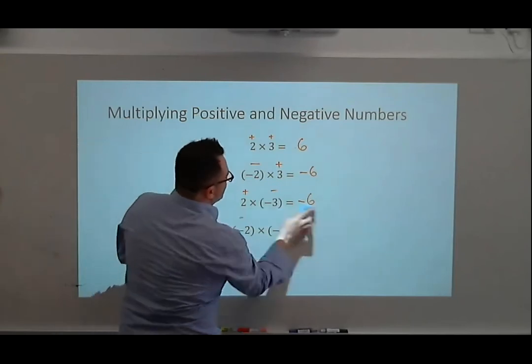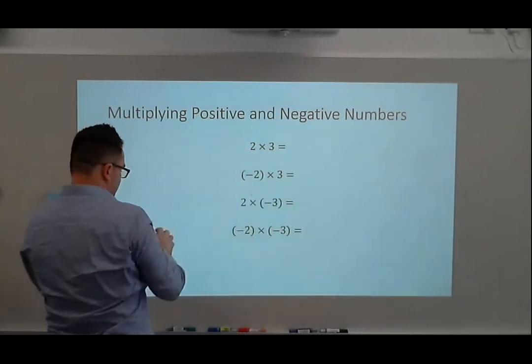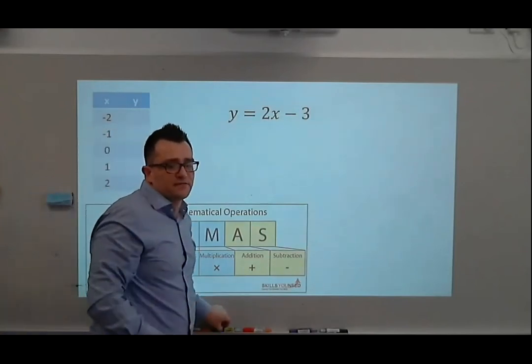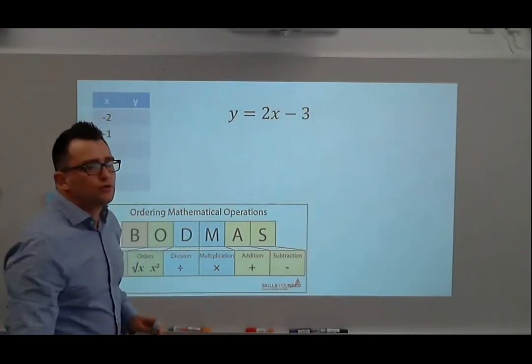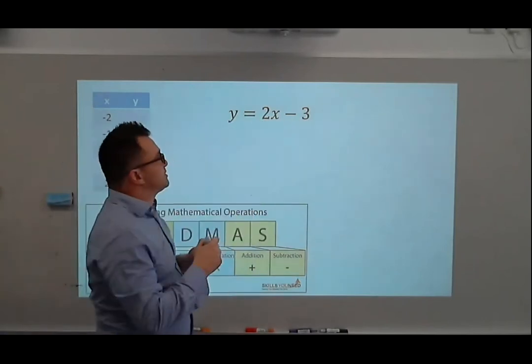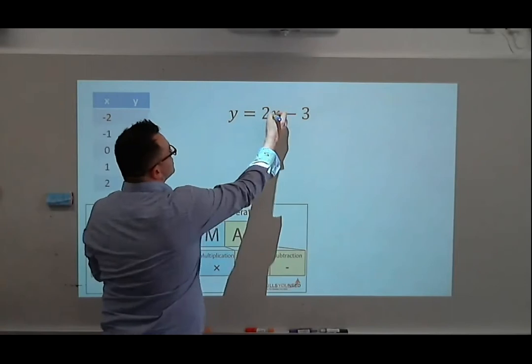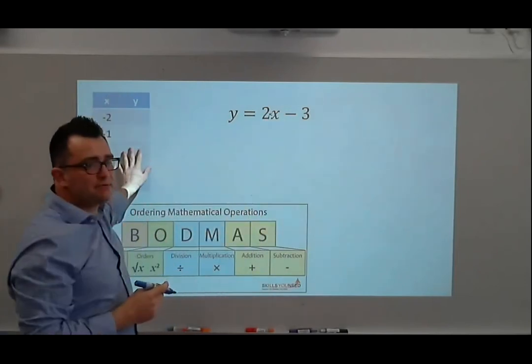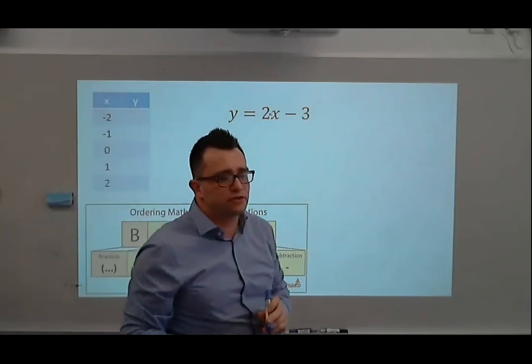Our next part of this is creating a table of values for a function. So if we have the function y equals 2x minus 3, that means 2 times x, minus 3. What we do is we create a table of values. Now the values will depend on the graph that you're trying to fill out.